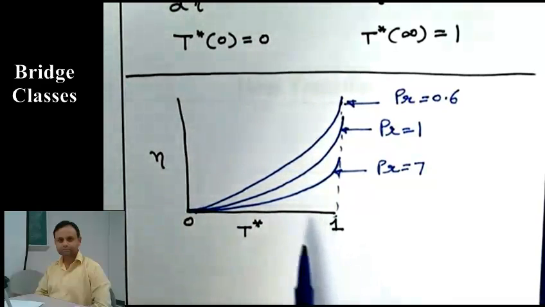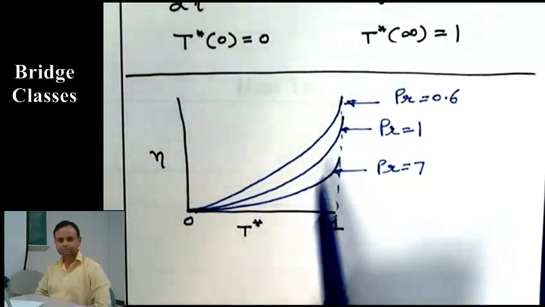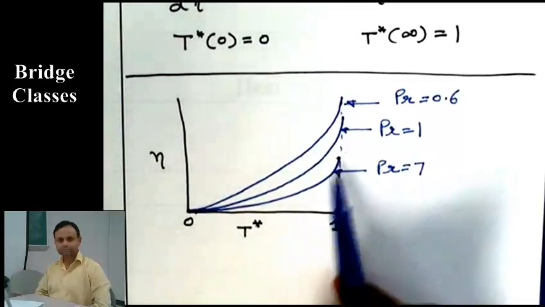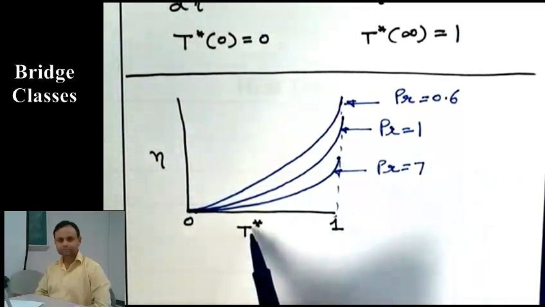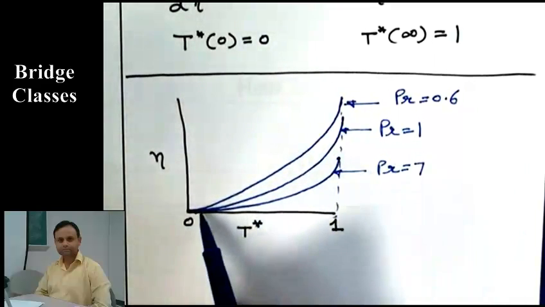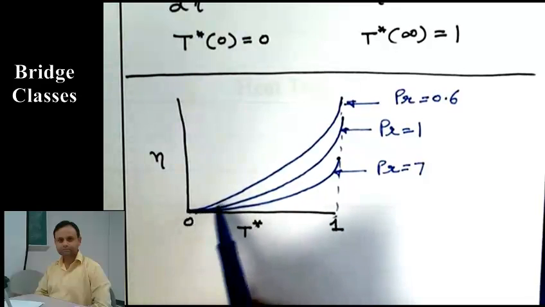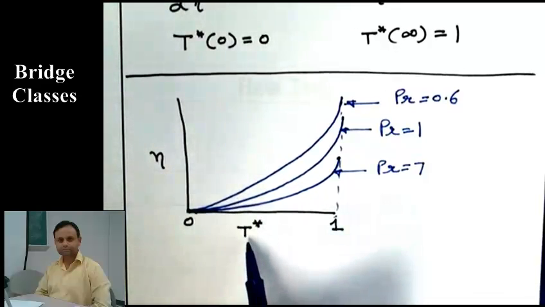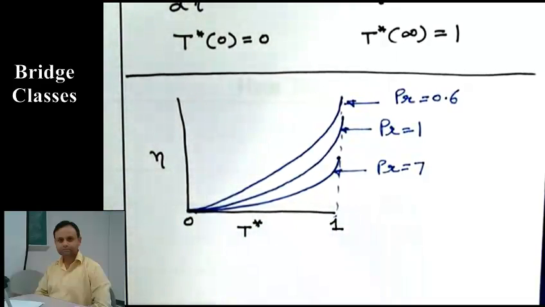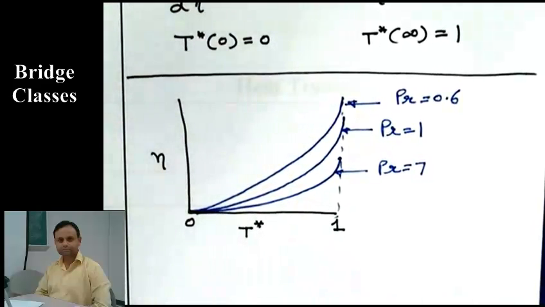Once you have the temperature profile, you can find the thermal boundary layer thickness, the location at which T star becomes 0.99. We can also get the temperature gradient at the wall, dT star over d eta when eta is 0. I'm skipping some of the steps, but just giving you an overall idea of how you work with these equations.